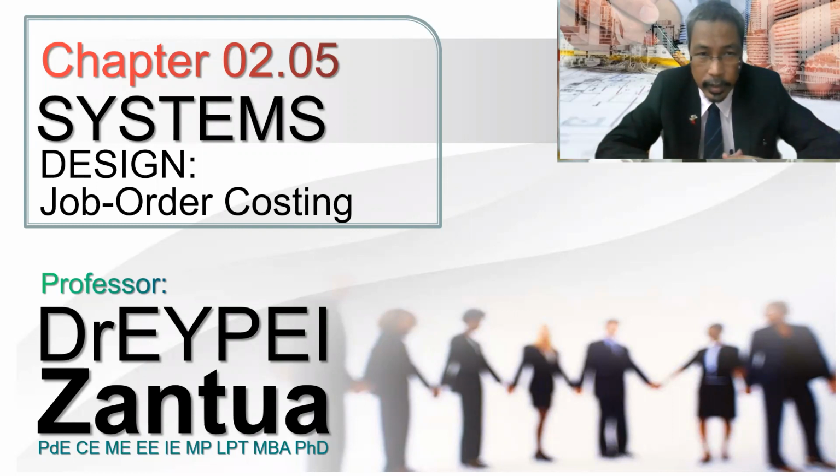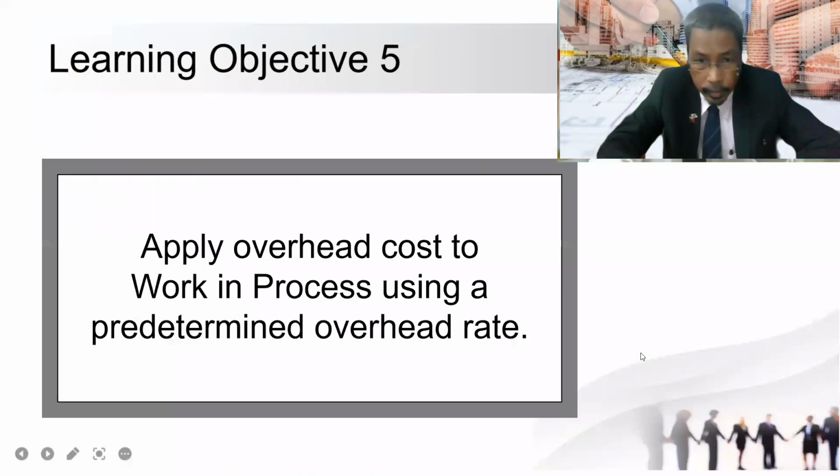Let us discuss Chapter 2, Systems Design, Job Order Costing, and we are now in module number 5 of this Chapter 2. So we have the learning goal, number 5, applying overhead cost to work in process using a predetermined overhead rate.